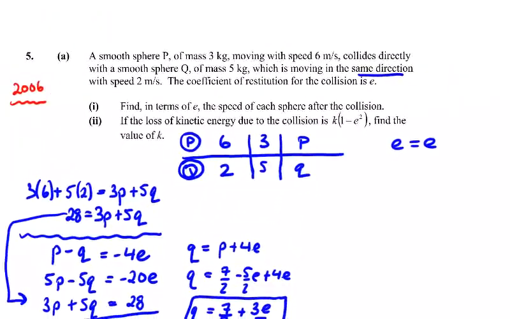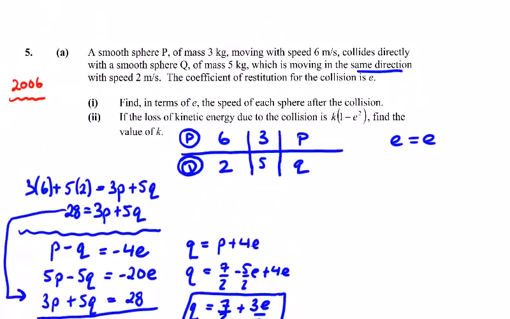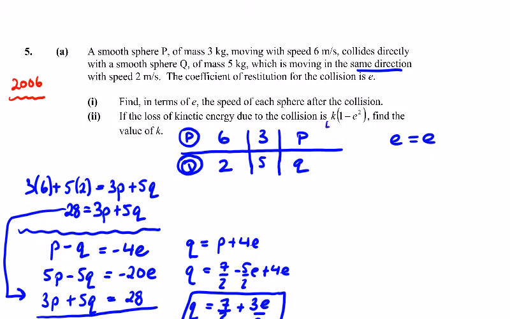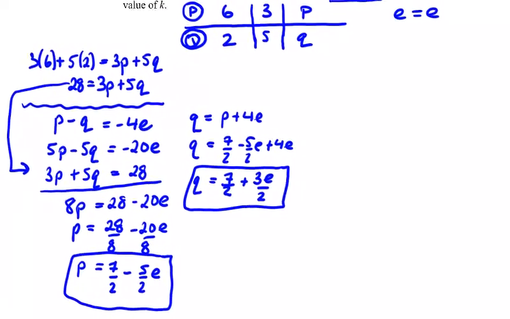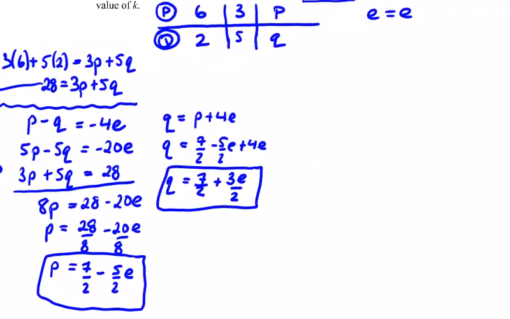Find in terms of E the speed of each after collision, and then if the loss of kinetic energy is this guy, find the value of K. Okay, so we need to look at kinetic energy. So our half mv squared. So let's look at what's happening before for kinetic energy. We have a half mv squared for both.